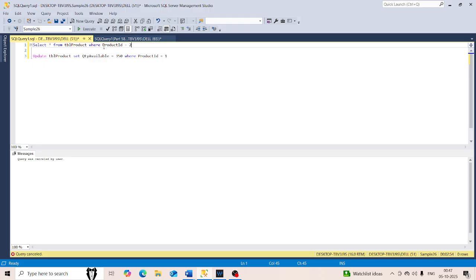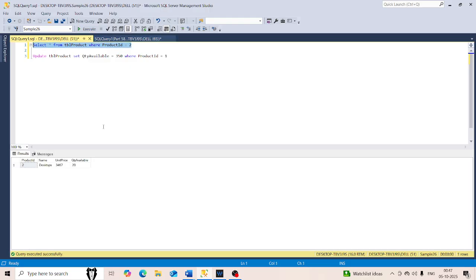I'm selecting a row where the product ID is equal to 2. Look at this. The moment I execute that, I immediately get that row.